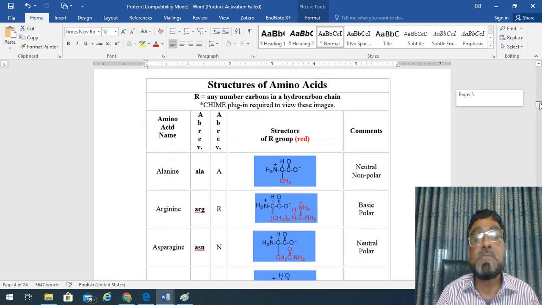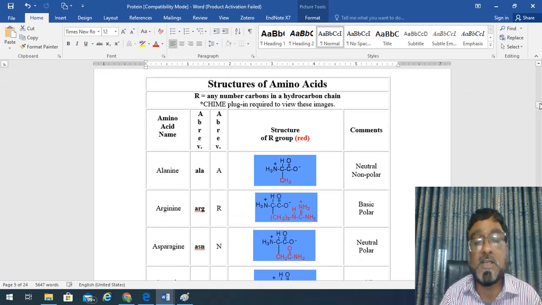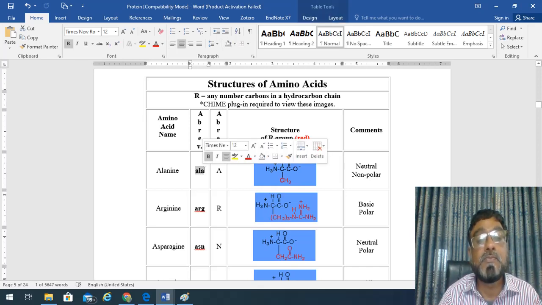So this page also shows the structures, but an additional thing is that each of the amino acids has a specific name, and that can be coded either with 3 letters or a single letter.